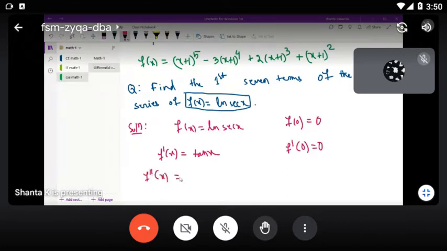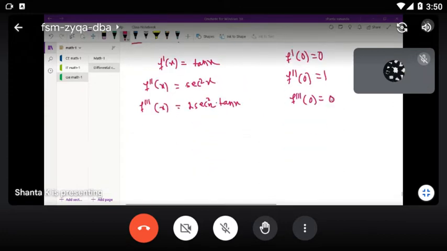Now the second derivative: secant square x, that is 1. Third derivative: 2 secant square x tan x, which at 0 is 0.